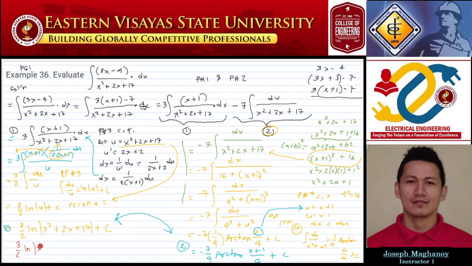Ln of x squared plus 2x plus 17, so minus 7 over 4 arctan x plus 1 over 4, the combination of two arbitrary constants, plus c. So that is your final answer for example number 36.